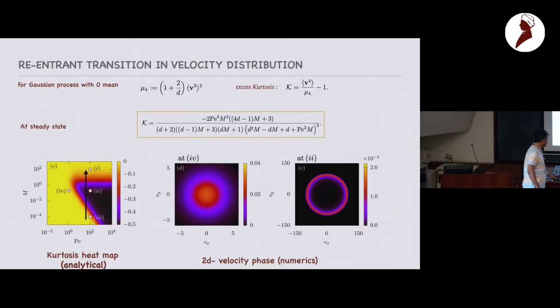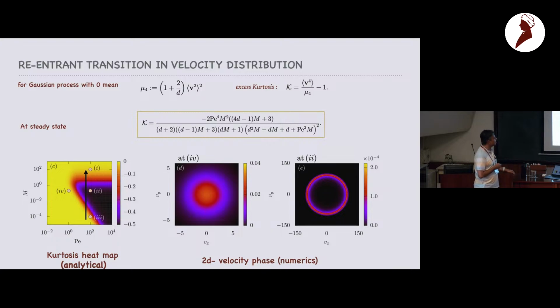Yeah, this one. First, if you look at the Gaussian process, what is the value of the kurtosis for a Gaussian process? That itself depends on dimension, right?